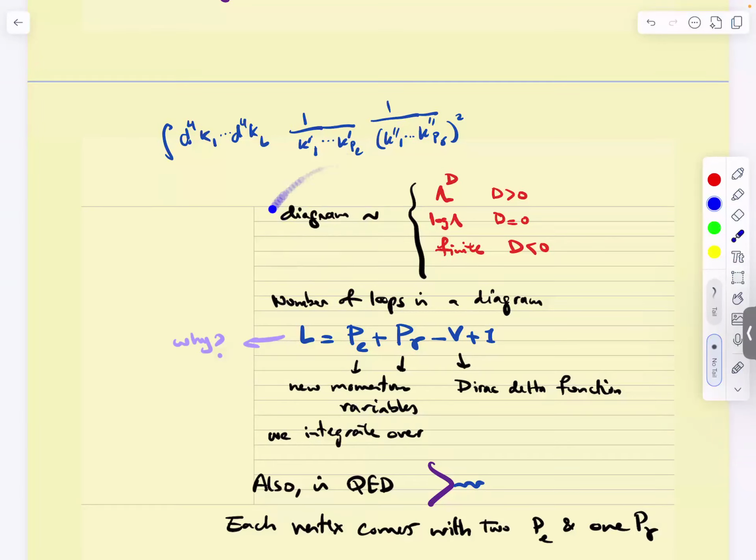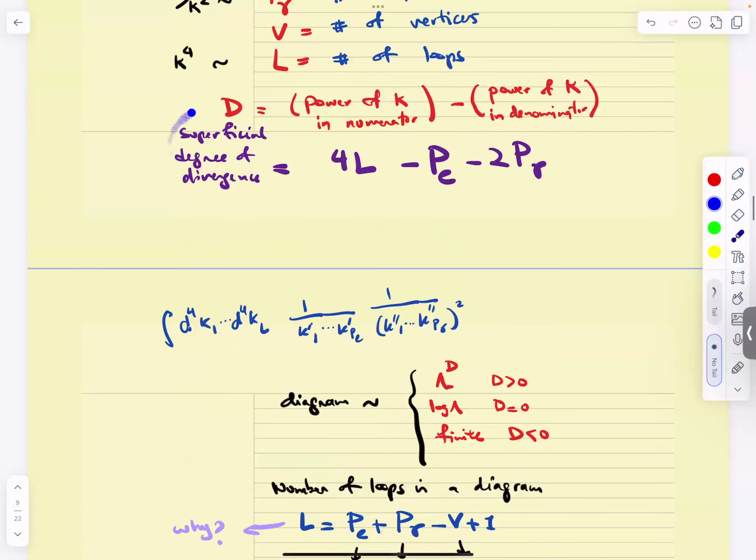When you look at the divergence structure of this, the superficial degree of divergence comes up as here. If Lambda is some UV cutoff, these integrals diverge like Lambda to the power of D when D is positive. When D is 0, you have, for example, dk over k, so it's log divergent. And when D is less than 0, it's fine. This is the expectation based on just dimension counting.